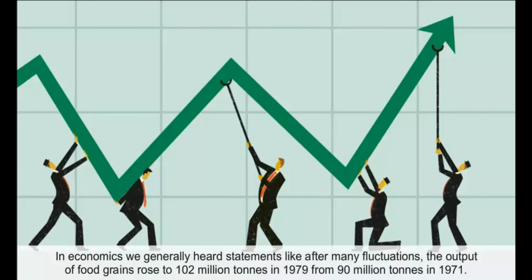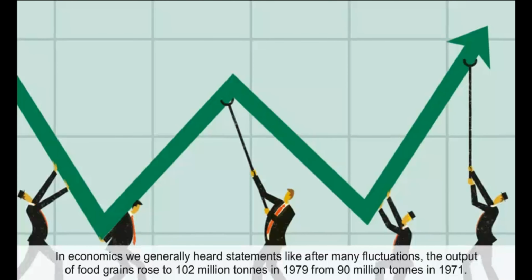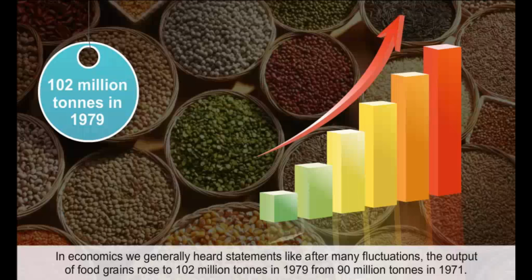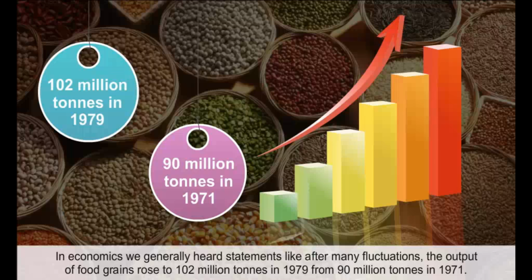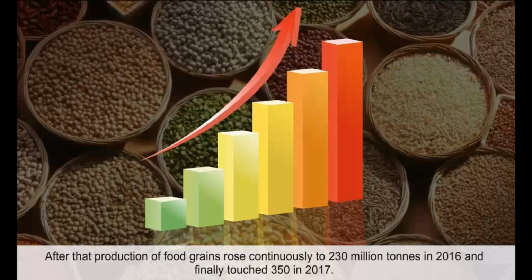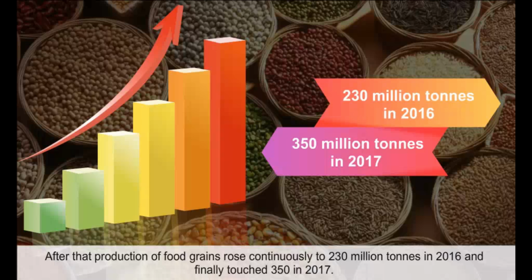In economics, we generally hear statements like, after many fluctuations, the output of food grains rose to 102 million tons in 1979 from 90 million tons in 1971. After that, production of food grains rose continuously to 230 million tons in 2016 and finally touched 350 in 2017.